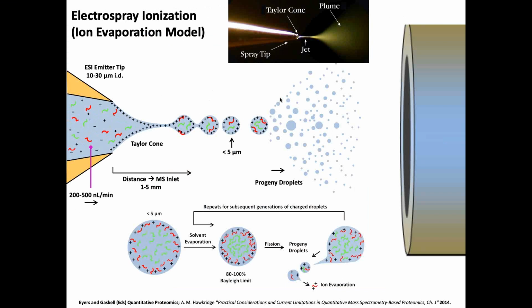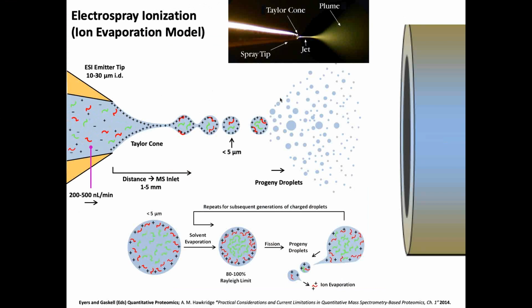So there's less real estate for those positive charges to get away from each other, and they're being forced closer and closer together. When they reach about 80 to 100% of what's called the Rayleigh limit, you undergo fission, and that's when you get this ion evaporation process where droplets are released from the parent droplet to free up more space for the charges to go, okay, now we're a little bit more relaxed.